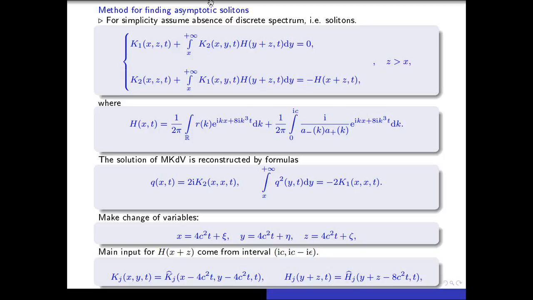In new variables psi, eta, and zeta, which are obtained from x, y, z by subtracting 4c squared t, the main part of the kernel can be written in the following way.